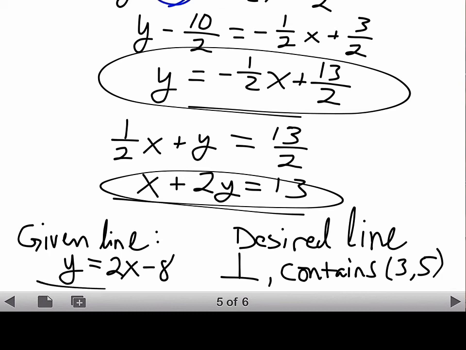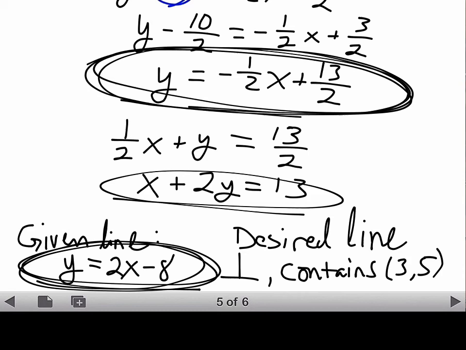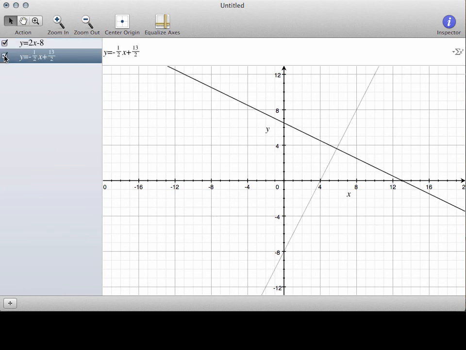I'm going to graph these two lines, y equals 2x minus 8 and y equals negative 1/2 x plus 13/2 for comparison. Here we have the line y equals 2x minus 8. Including this line y equals negative 1/2 x plus 13/2, we can see that it looks roughly perpendicular, so we have a visual verification that they look like what they're supposed to look like.